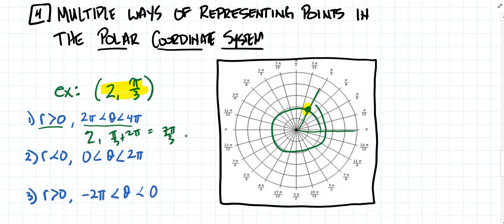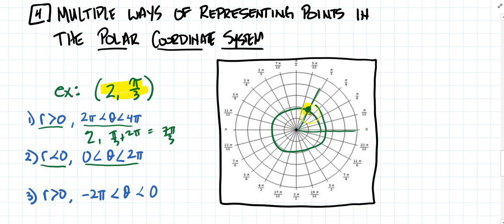So therefore, the point 2 comma 7 pi over 3 is another way to represent it. And number 2, if I want r to be less than 0, but I want my angle to be positive, then think about how I can get to this point. I'll draw this in red for you.